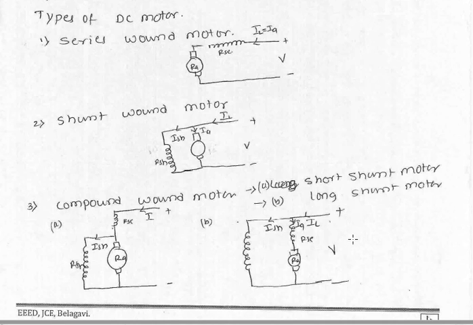When DC supply is given, the load current flows in, and at this particular node, current will get divided into two parts. In this path it is ISH, and in this path it is ISC equal to IA, because both are in series. The armature current and the series current flowing through this winding would be the same.